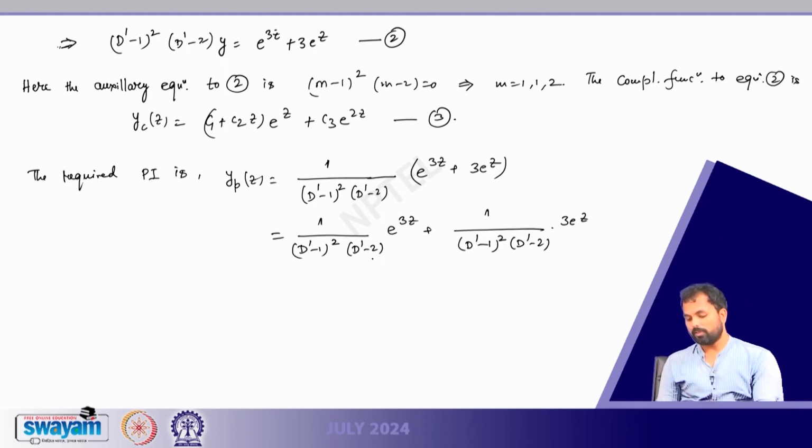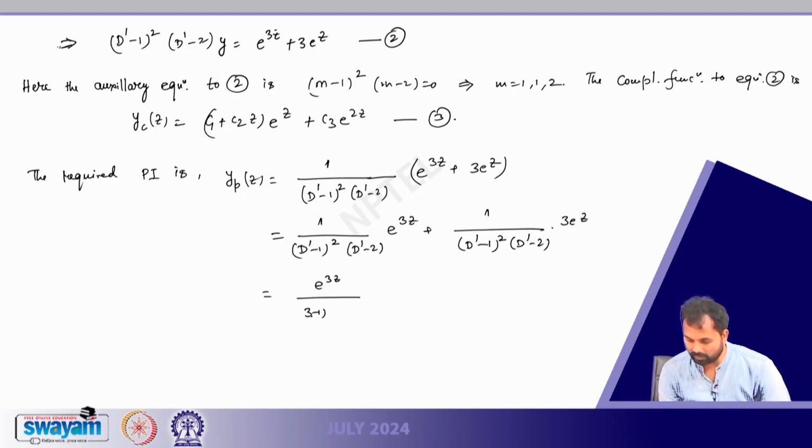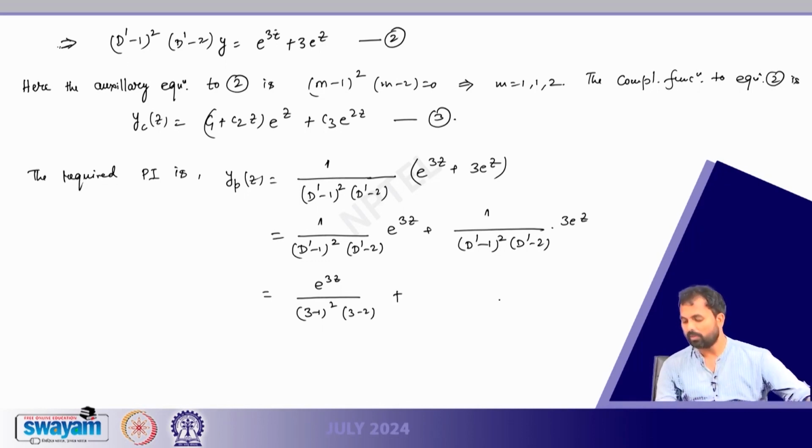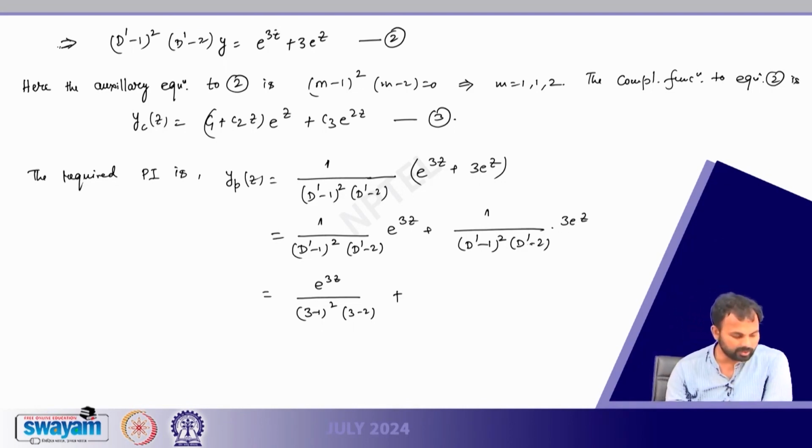So the first one is very simple to see, because when you substitute D dash equals 3, it is not becoming undefined. So the first term is very easy to determine. So it will be e to the power 3z and then I will have 3 minus 1 and then 3 minus 2. Whereas for the second one I can substitute D dash equals 1 in this D dash minus 2, but not in D dash minus 1 whole square, because that one will become undefined.